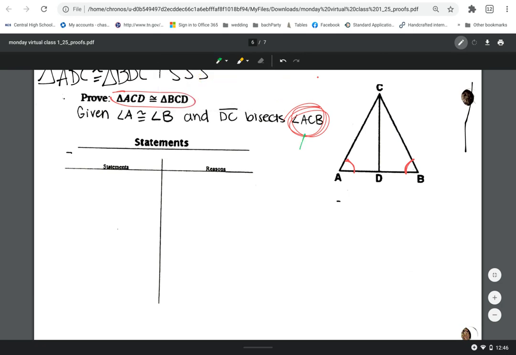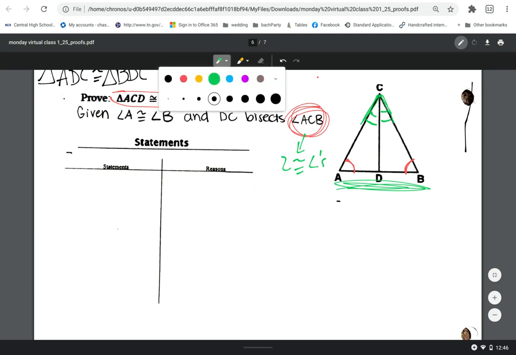So if I bisect an angle, that means I get two congruent angles. It does not tell me anything about this side. It only talks about this angle. So I get two congruent angles here. All right, so do I have three parts? No, I do not. So what's my last part? Side CD is congruent to itself.